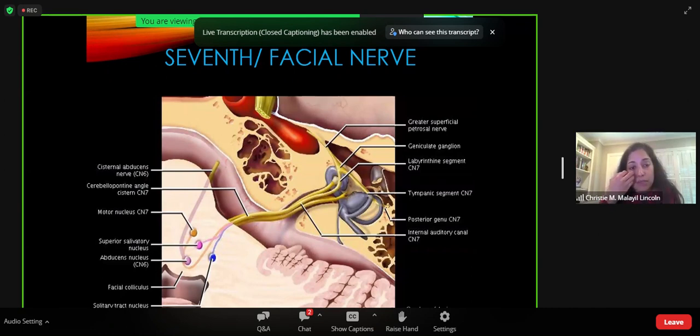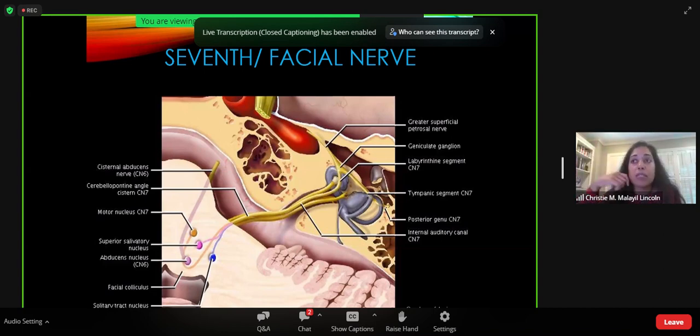So here, this is an image that I've taken from Amirsys. This is an illustration of the different segments of the facial nerve. You can see from its origin in the pons, going through the cerebellopontine angle cistern, then the internal auditory canal, the labyrinthine segment, the first genu, where the geniculate ganglion is located, and then the greater superficial petrosal nerve comes off.